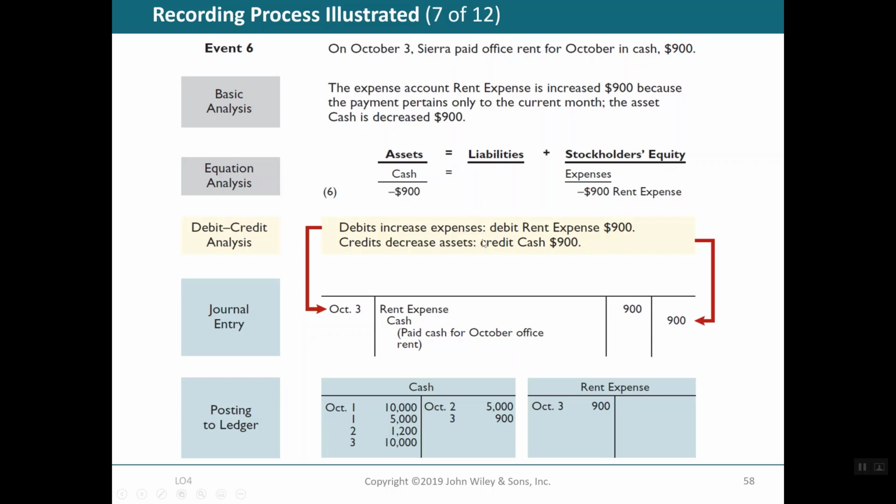All right, debit increase expenses, debit rent expense 900, credit decrease assets, credit cash for 900. Okay, so here we have rent expense 900, cash that was paid for it 900. Because we paid out money, which is a reduction in our assets, we have 900. And then our rent expense is a debit. We have it for 900.